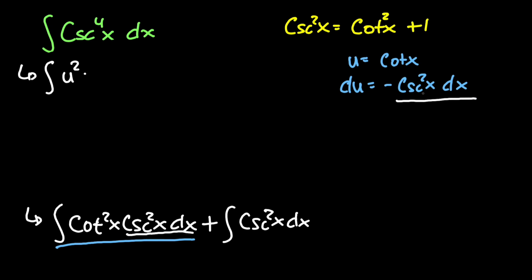This would be this, but since it has a negative, this would be negative du, and just copy the rest. And so we can just put the negative sign outside the integral.